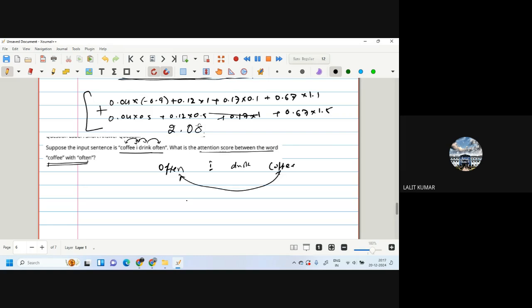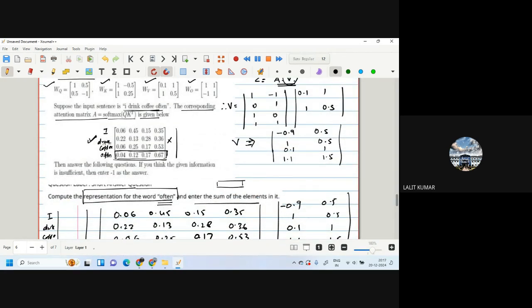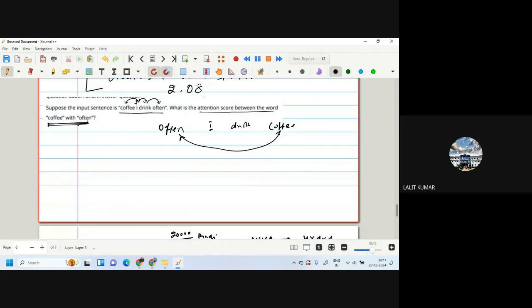So the attention score between coffee and often is 0.53. This will not change. It was covered in the lecture also: the attention scores you get, even if you keep jumbling these words in the sequence, will remain the same. So it will remain 0.53. Is that clear?